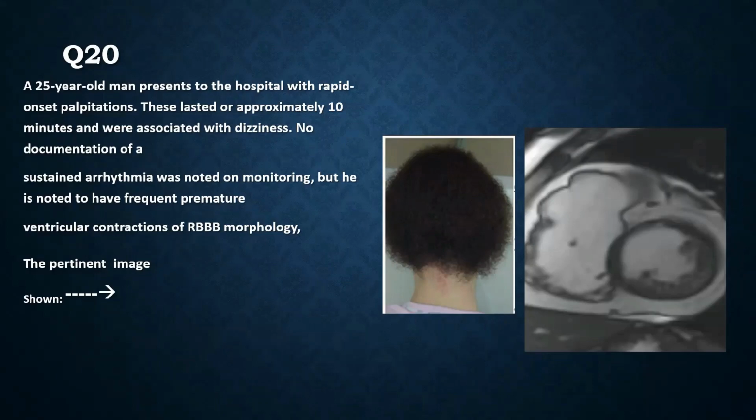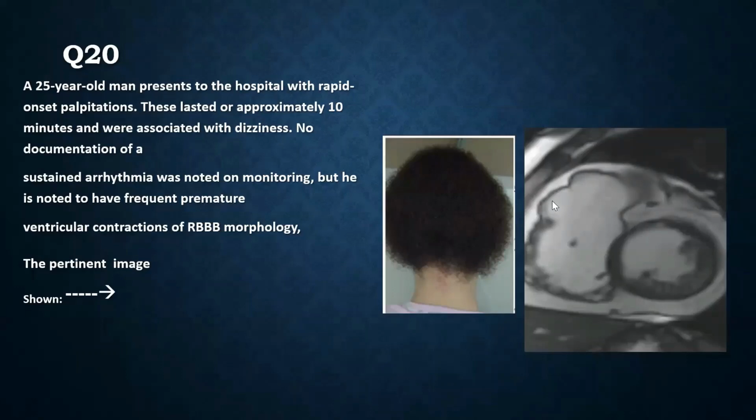And in the MRI there is a right ventricular... If you look carefully, I am not that much of an expert in cardiac MRI, but there is whitish material within the wall of the RV.